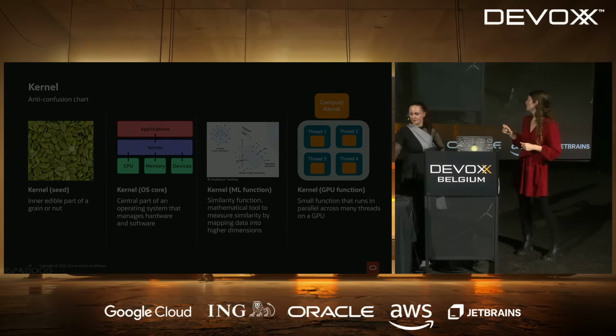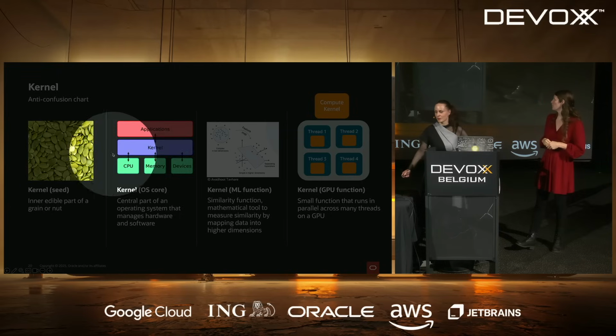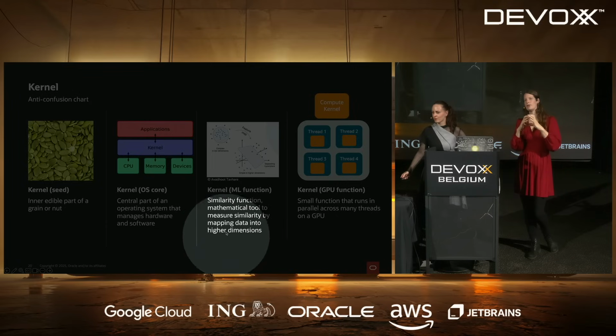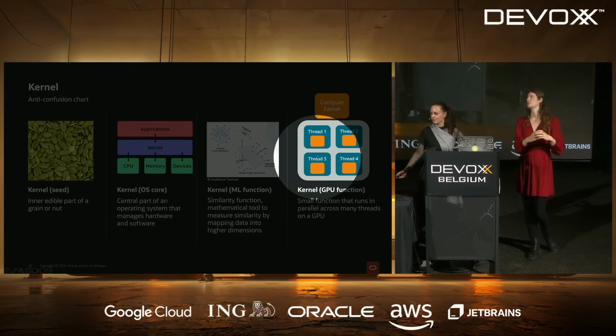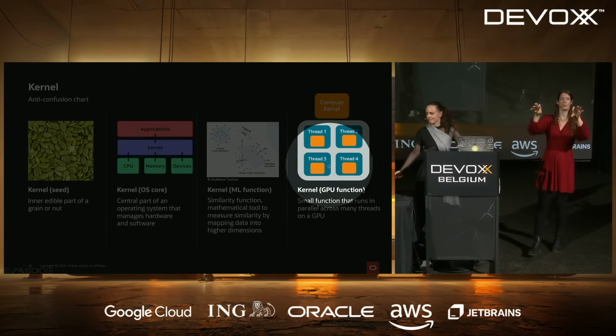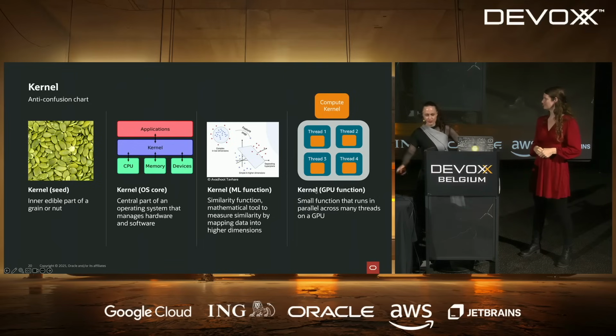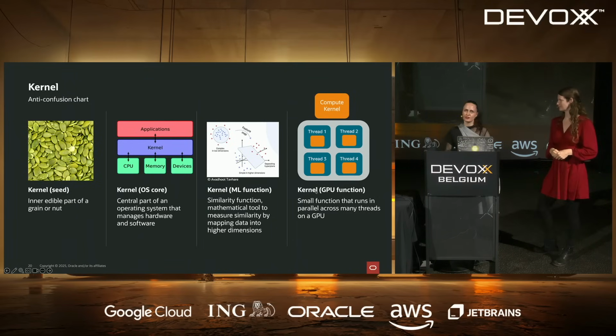But that's also not the one. We are talking about compute kernels for the GPU. A compute kernel is a small function that can run on one of these GPU cores, and then the same little kernel will be run in parallel on all the cores of the GPU. So to summarize, a kernel is a function that the GPU understands. That's how I know it.